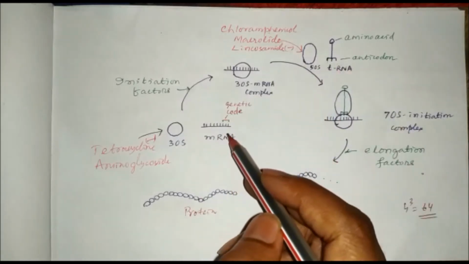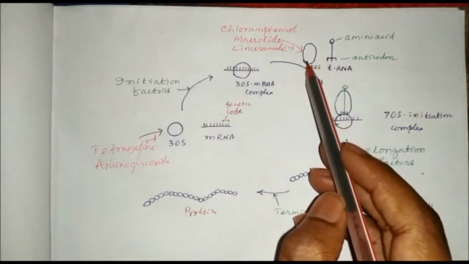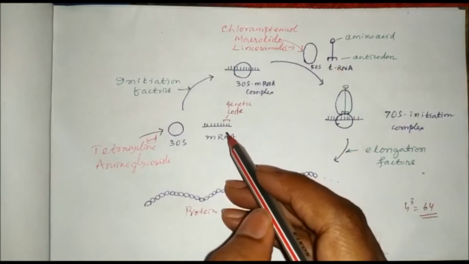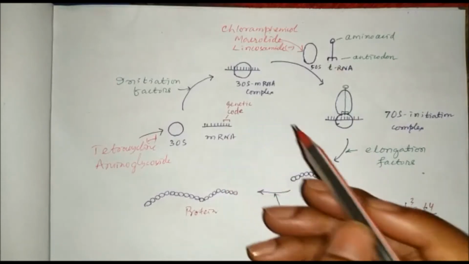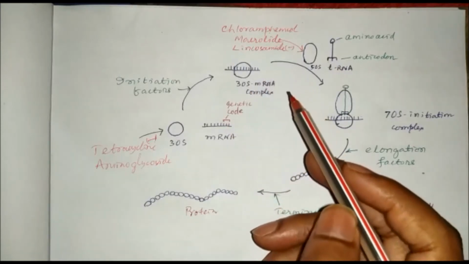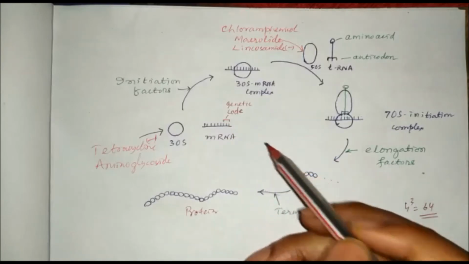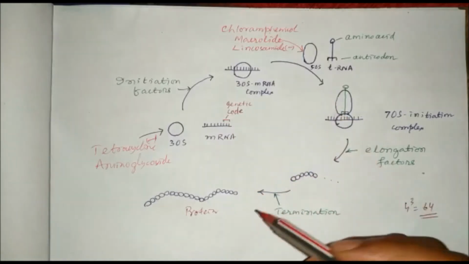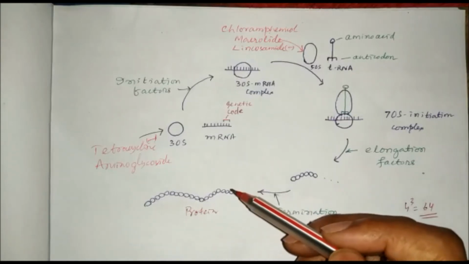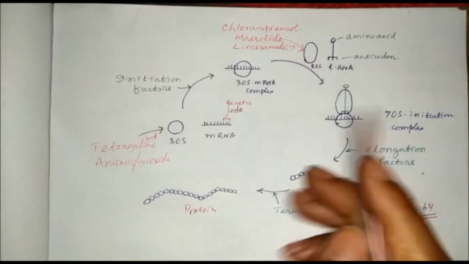Messenger RNA binds with the 30S subunit, transfer RNA binds with the 50S subunit, and the messenger RNA has the genetic code, and that code represents the amino acids, and based on those codes we have the sequence of amino acids, and hence we have the protein. So which protein is to be synthesized, that message is available with messenger RNA.